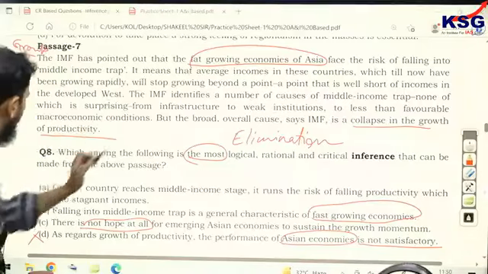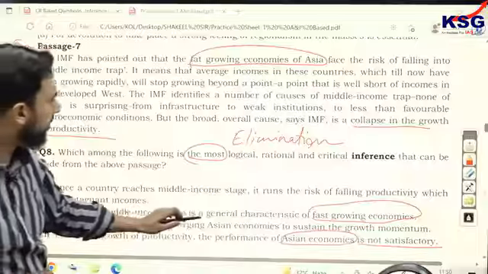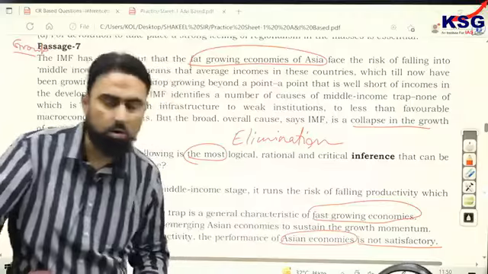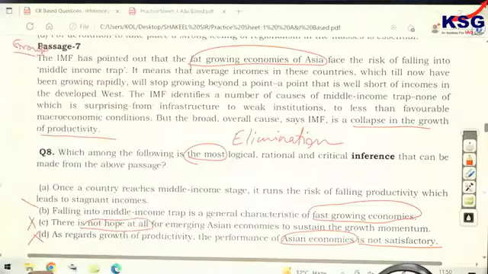However, on that basis, we can't say that falling into the middle income trap is a general characteristic of fast growing economies. So be it a fast growing economy of any country, not just Asia, all of them come in this group, under this rule, theory.